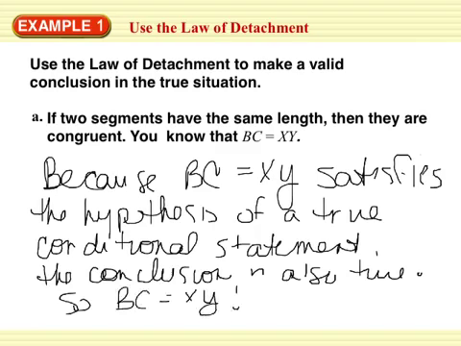If two segments have the same length, they are congruent, and you know that BC equals XY. BC and XY are two segments, they're equal. To read through this explanation, because BC equals XY satisfies the hypothesis of a true conditional statement, if-then, the conclusion is also true. So BC equals XY. It's like you're just stating the obvious.